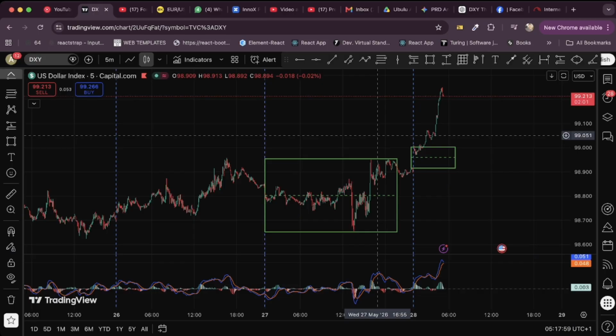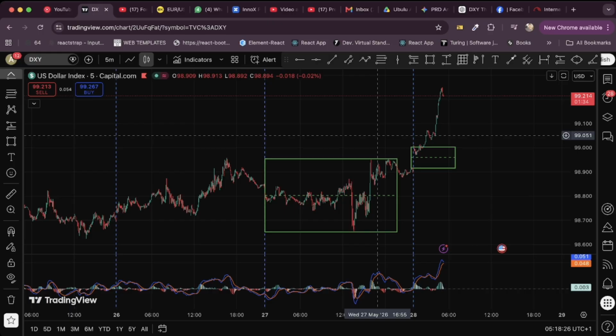That's the game plan. The game plan is not for you to look at the bigger time frame, then when you come to the smaller time frame, you see something that looks like selling pressure, whereas the bigger time frame is telling you it's buying pressure. Now you are in the lower time frame and it's showing you a setup that looks like a bearish move. Don't fall for it.